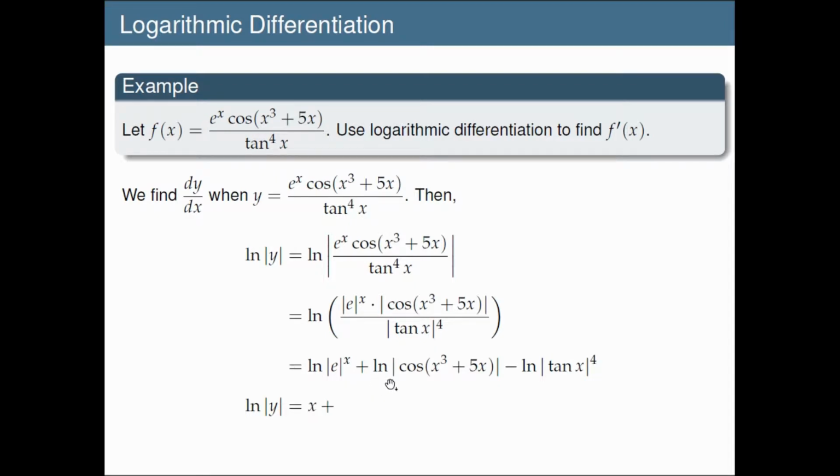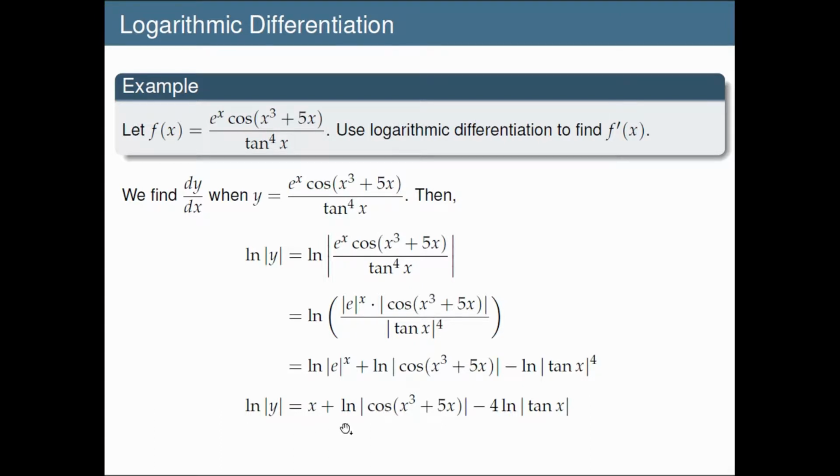Then we copy this part. Then we subtract this part. By a property of the logarithm, this part equals 4 times ln of absolute of tangent of x.